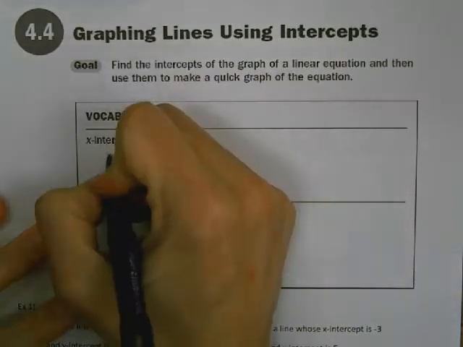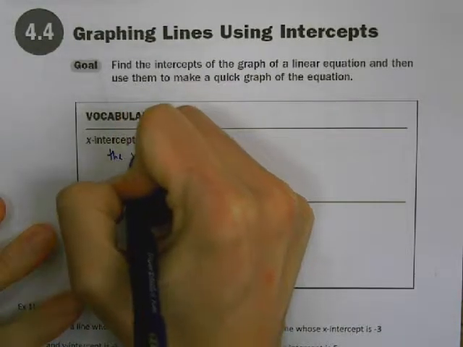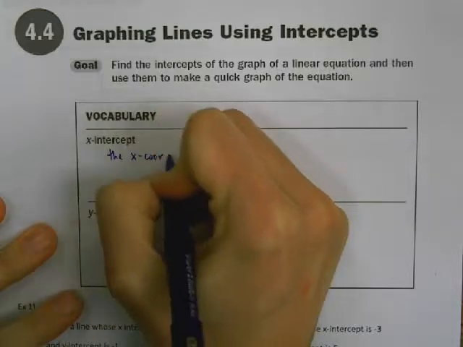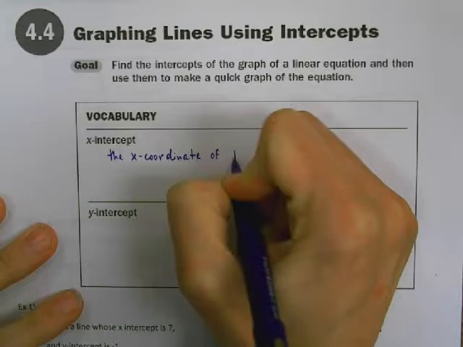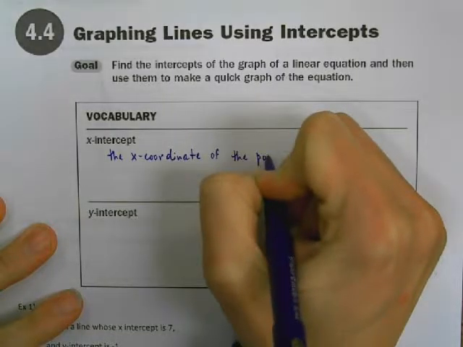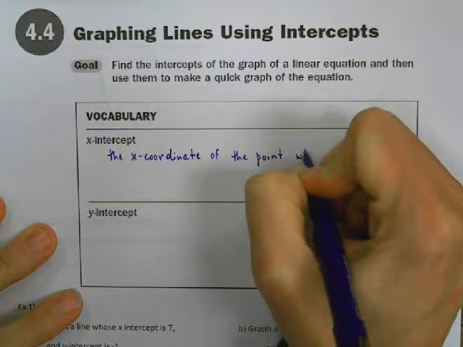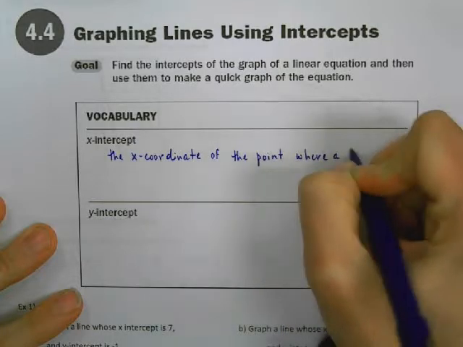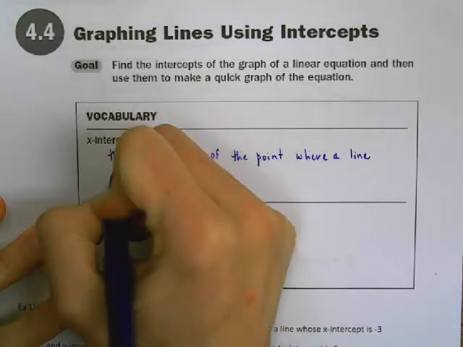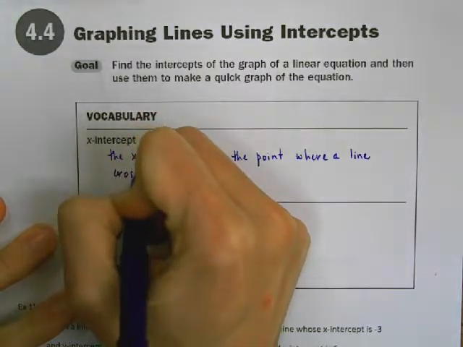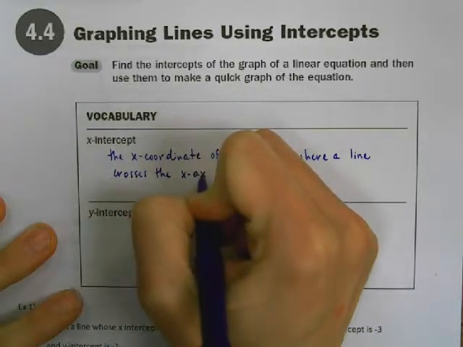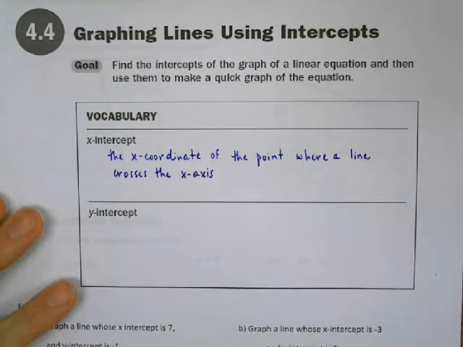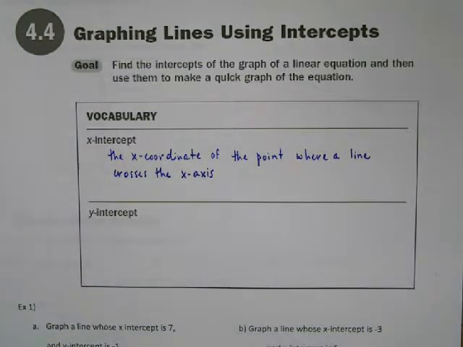The x-intercept is just the x-coordinate of the point where a line crosses the x-axis. Okay, so the x-coordinate of the point where a line crosses the x-axis.